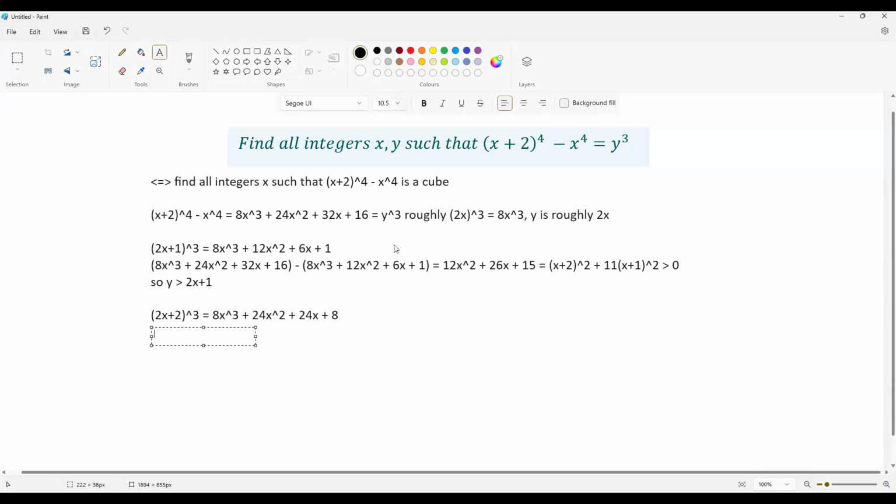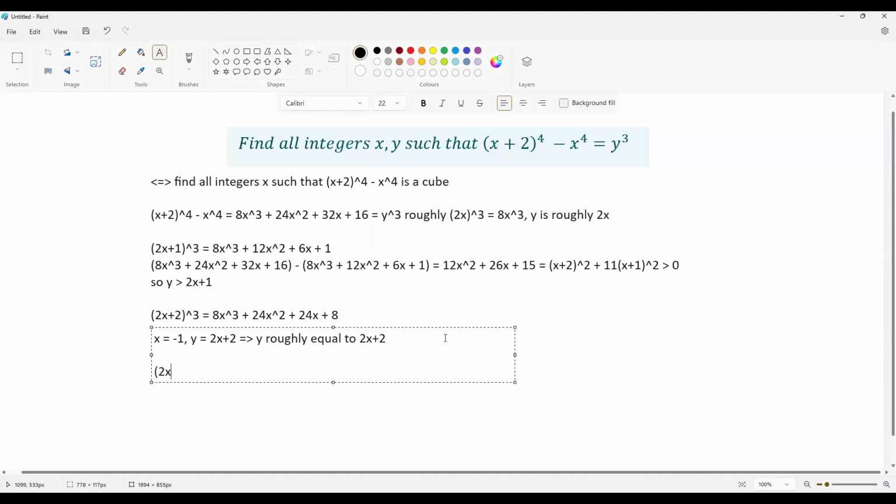But for example, if x is equal to -1, then y would equal 2x plus 2. So we have a feeling that y is roughly equal to 2x plus 2.